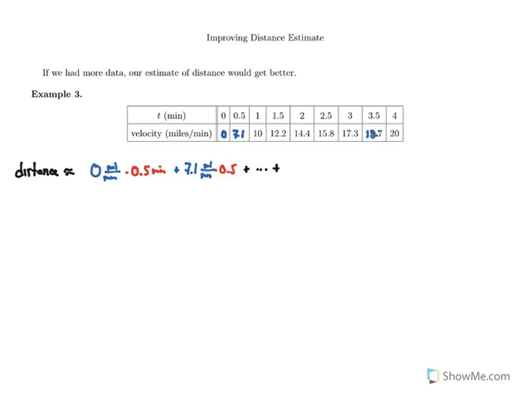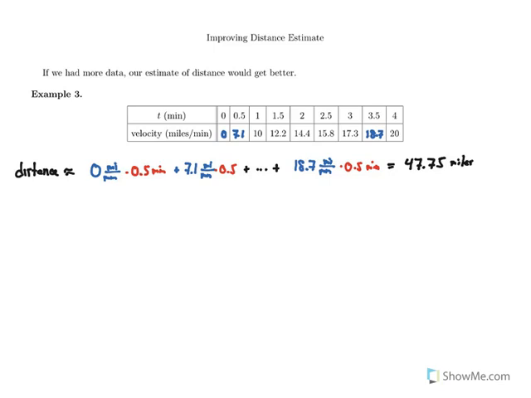We'll do 18.7 miles per minute times 0.5 minutes. And if we add all of those up, we would get 47.75 miles.